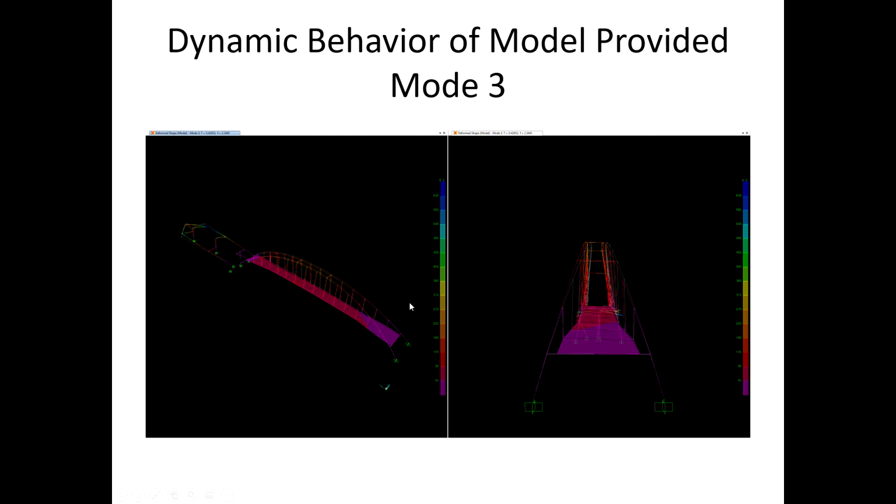Mode 3 is, again, kind of torsion of the top part of the bridge, but actually the main thing happening is over here. This is the first mode of the ramp. And I guess you could think of this as a cantilever mode of the ramp rocking like this on the pillars that support it.